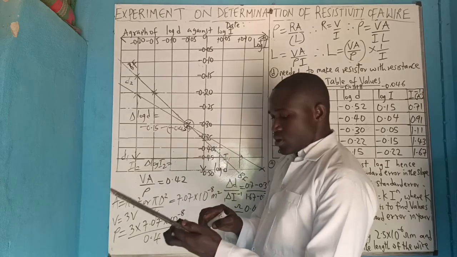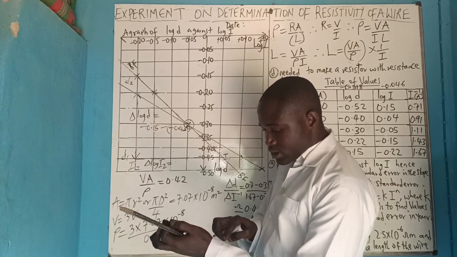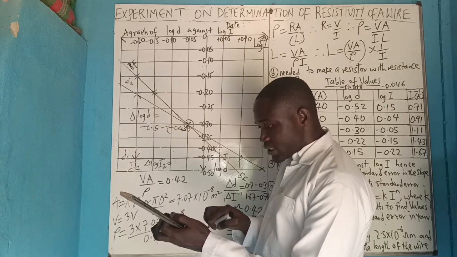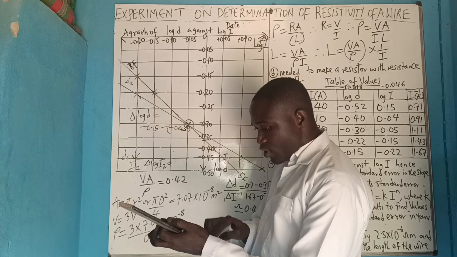Now watch it. 3 times 7.07 times 10 raised to power of minus 8 divided by 0.42.